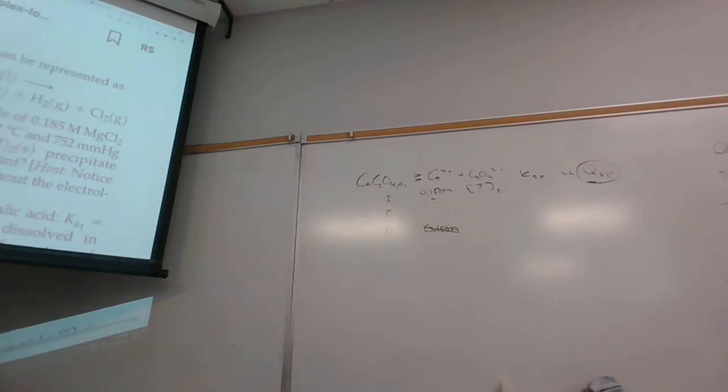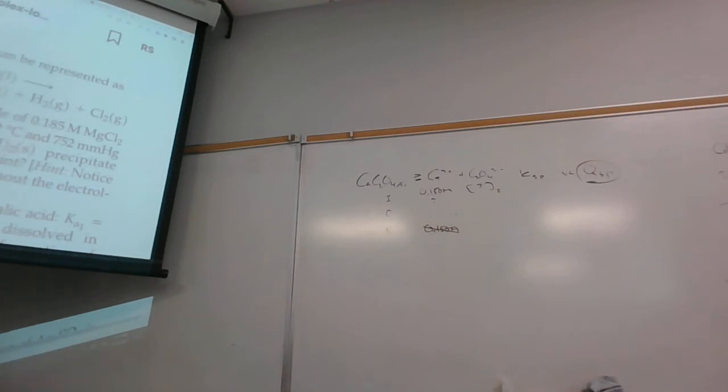We didn't want it to precipitate, right? And so what we could do is figure out the hydronium ion concentration required. This is unknown, to leave the cadmium concentration at equilibrium.